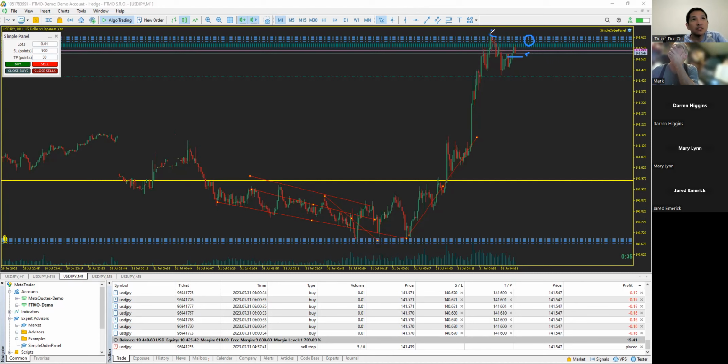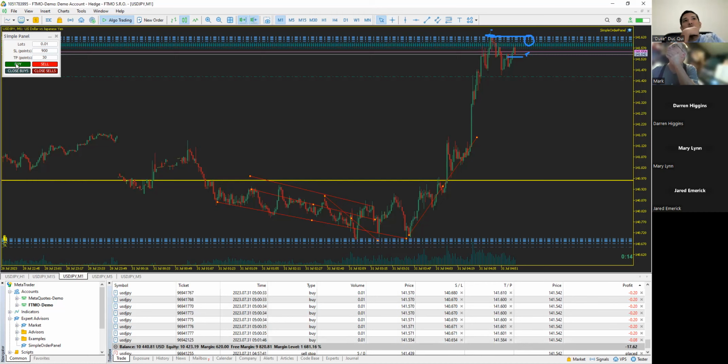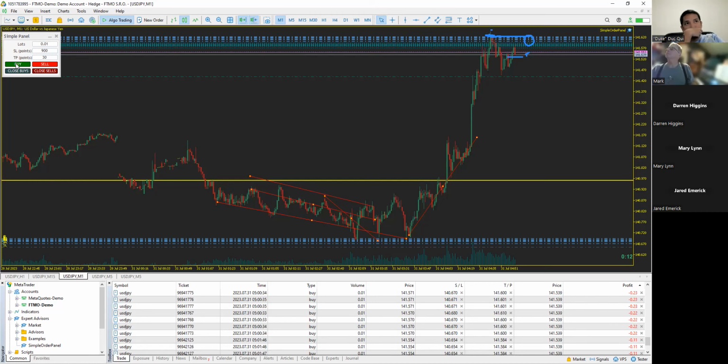This is the wick, the pivot, where's the body. So what I'm expecting here is it should retest the top. Pull back some, it's failing, but it should pop.